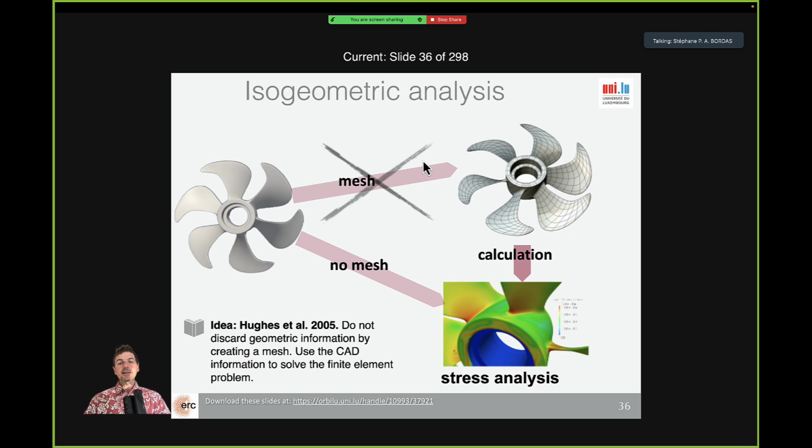Okay, so let's now delve into isogeometric analysis to try to explain what it means. So the idea is that you start from a geometry and you normally discard this geometry. So you get rid of it completely and then you get a mesh. But this mesh does not know anything about the initial geometry. For example, here, if you have a circle, the corresponding mesh will never be exactly a circle unless you have circular elements, but these are very specific elements which are not straightforward to use.